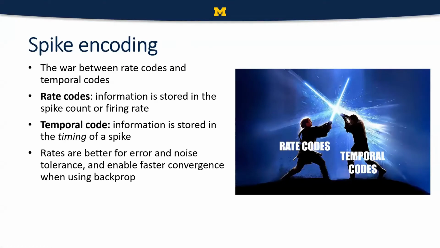In practice, I'm actually not too concerned about what the brain implements beyond a point. There is a point where I stop caring about what the brain does, and I only care about what's better for hardware, what's better for computational efficiency. Now, there are pros and cons for both, right? Rates imply that we need multiple spikes to represent information.